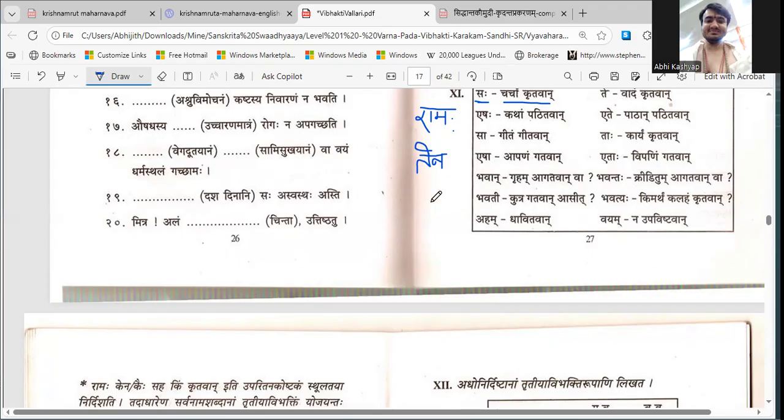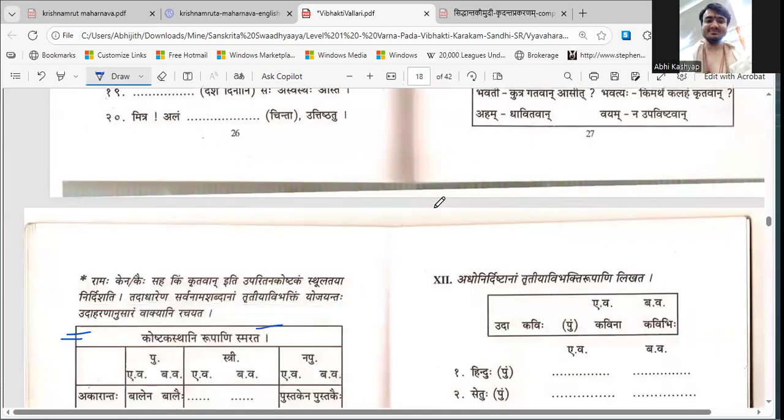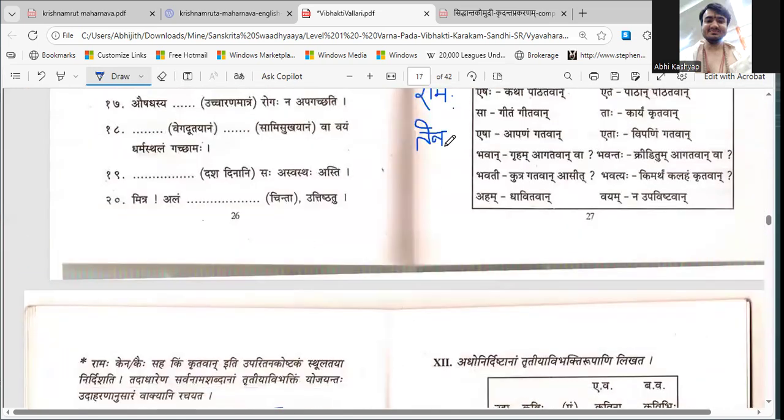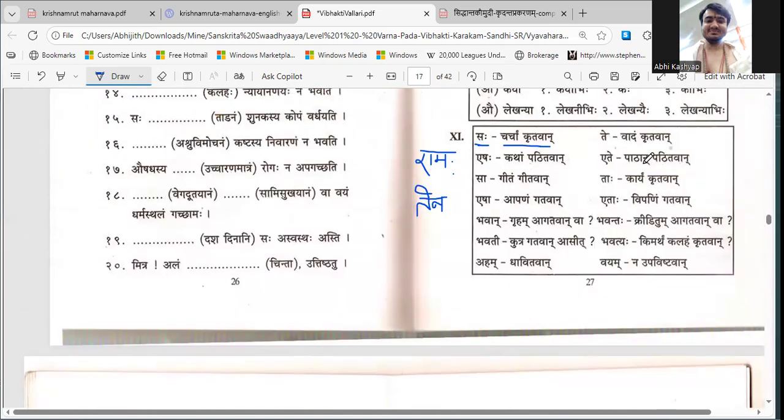Then charcham kritavan. Same thing. Here we don't need to change anything because they have changed, I suppose, for all of them. Because they are all Dvitiya Vibhakti endings. See, they have changed everything. Katham, they have given Geetam, they have given Apanam, Griham. Yes, so we don't need to change it.